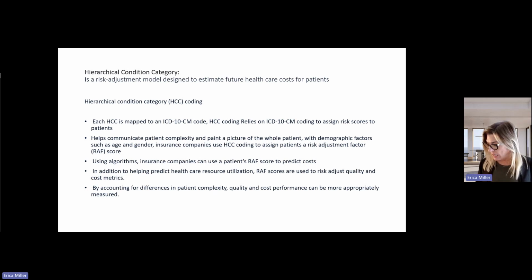So HCCs. The hierarchical condition category was initiated in 2004 for the reimbursement for patients with Medicare Advantage plans. Again, this is very specific. Medicare Advantage plans, we call this Part C. So if a patient has Medicare Part C, this would be considered an Advantage plan. So what does the advantage of Part C mean?